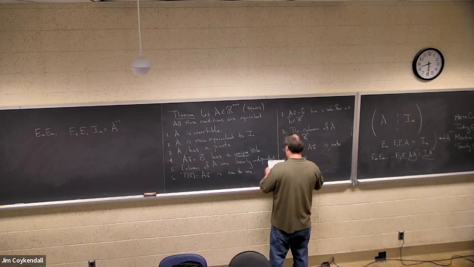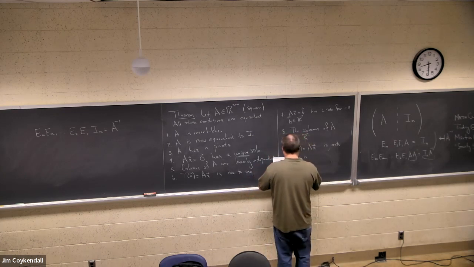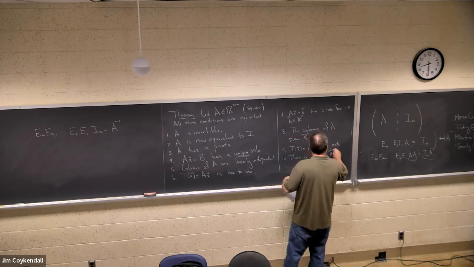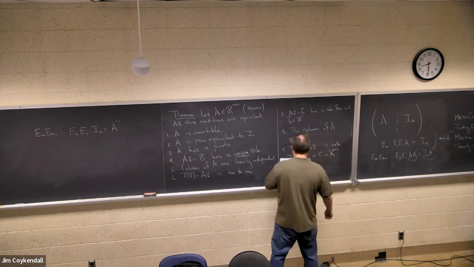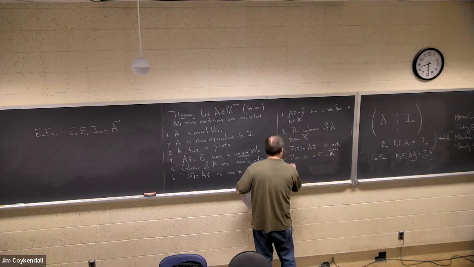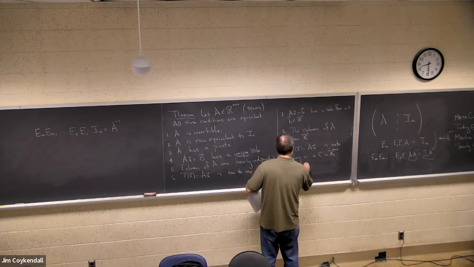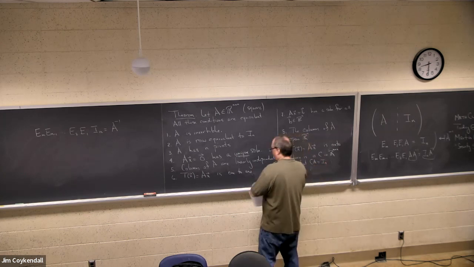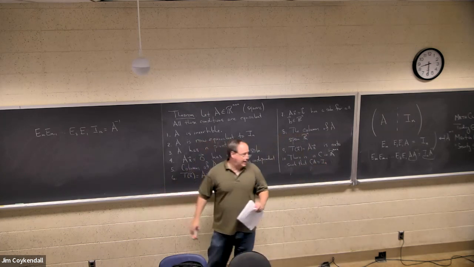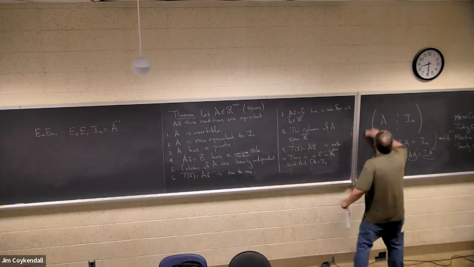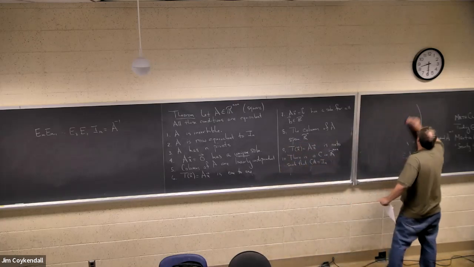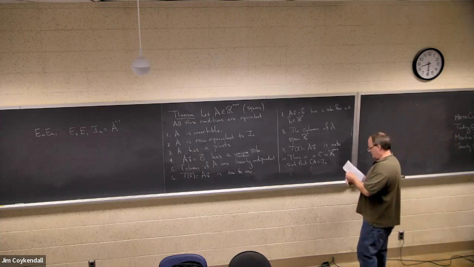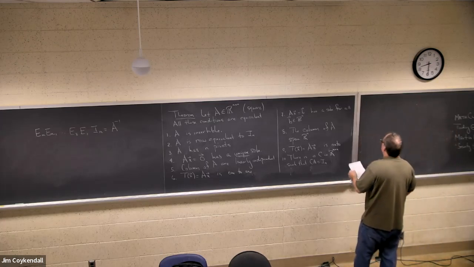There is a C in R n by n, so another matrix here, such that C times A is I_n. And 12, I'm sorry, that would be 11.